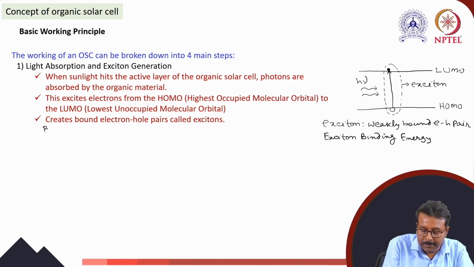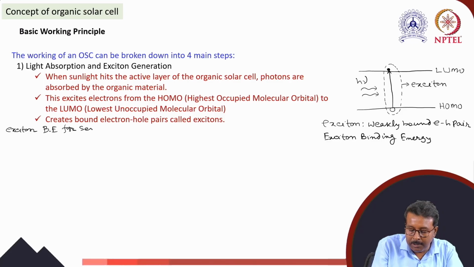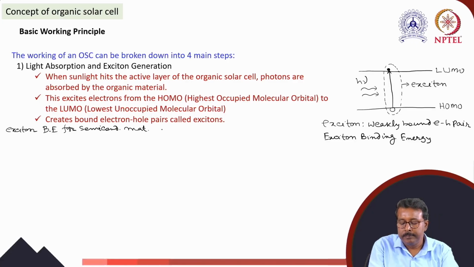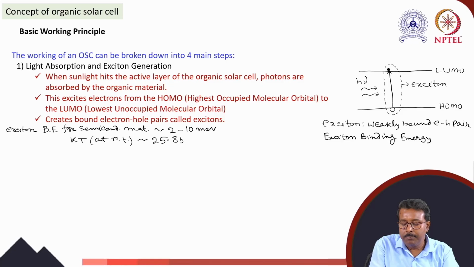So the exciton binding energy for semiconductor material is 2 to 10 milli electron volt, whereas the kT value at room temperature is 25.85 milli electron volt, which is sufficient to dissociate the exciton.